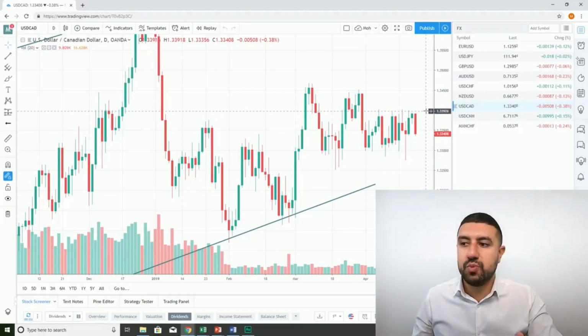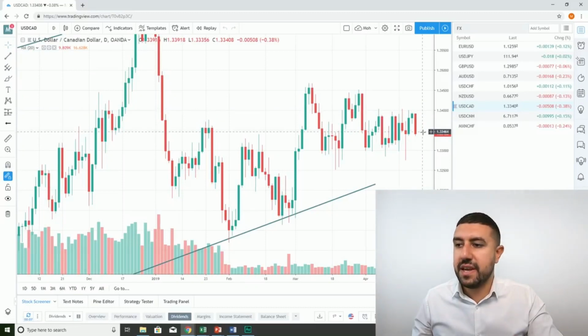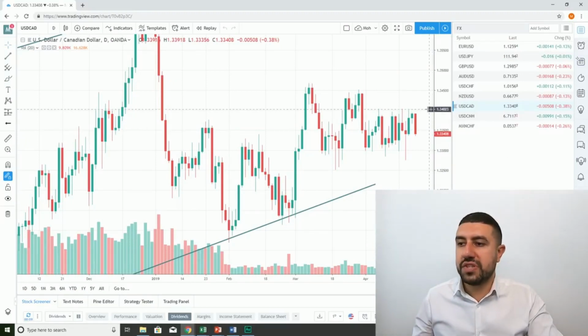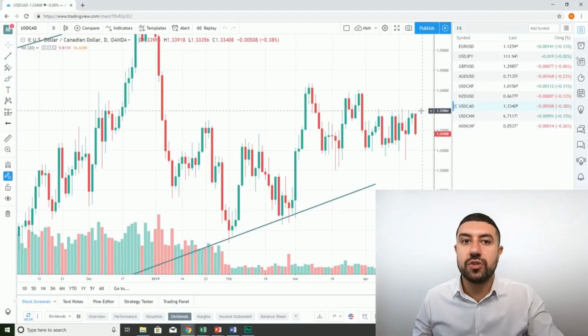So every pip that this moves, you make $10. So if you would have, let's say, bought it here at 1.3350 and this currency goes up to 1.3400, then you would have made 50 pips. So with $100, you buy 1 lot, it goes up 50 pips, well, you make 50 times 10, $500.